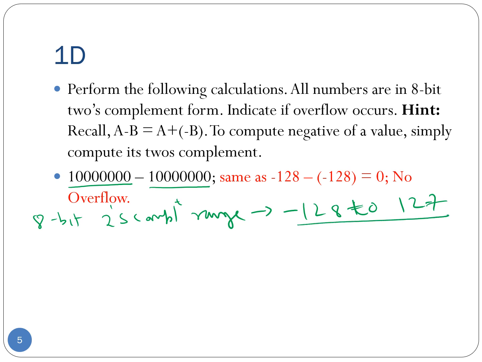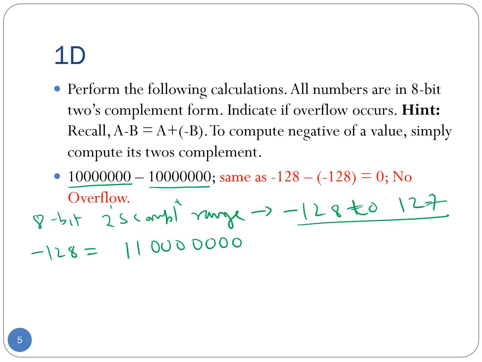So to do this correctly, we should first extend both these operands to 9-bit representation instead of 8-bit. After the sign extension, this minus 128 in 9 bits would be 1 1 followed by 7 zeros.